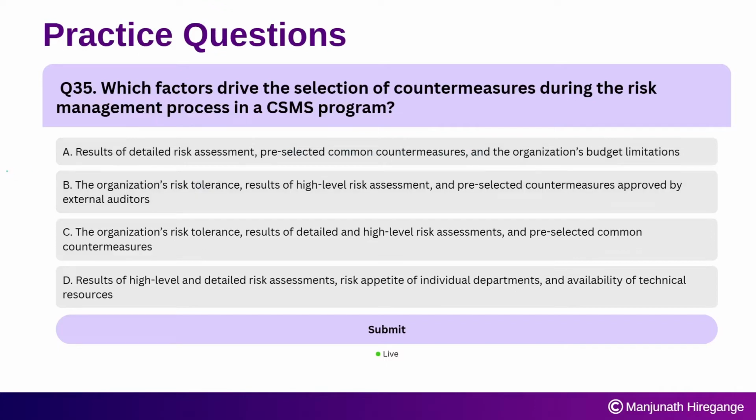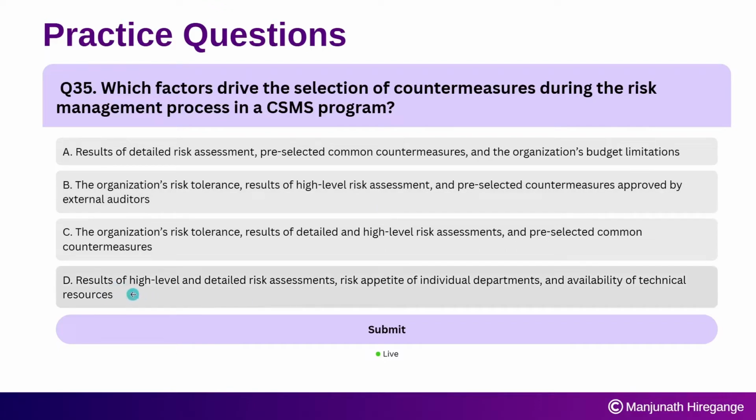Then organization's risk tolerance, yes, the results of high level risk assessment and pre-selected countermeasures approved by external auditors. Countermeasures are not typically approved by external auditors as part of the selection process. That is outside the scope of the CSMS framework. So option B is ruled out.